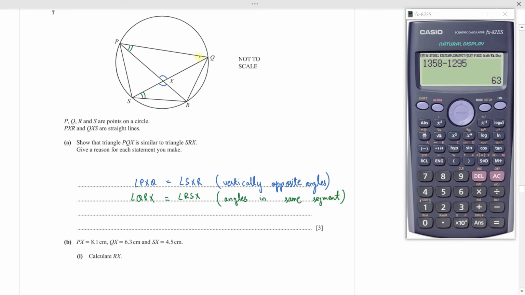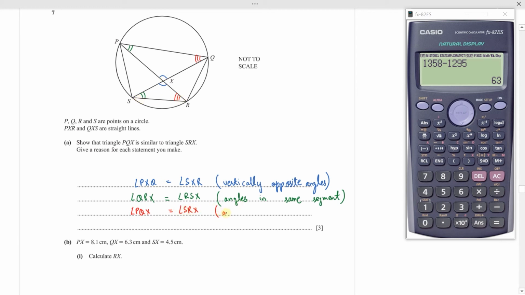And then if you look at this angle and this angle, these are also equal because these are also angles in the same segment. This angle is subtended by this arc on the circumference like this, and this angle is also subtended by this same arc PS on the circumference like this. So both angles are subtended by the same arc, so these will be equal as well. So angle PQX is equal to angle SRX.